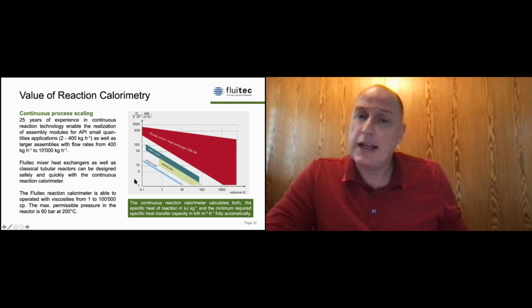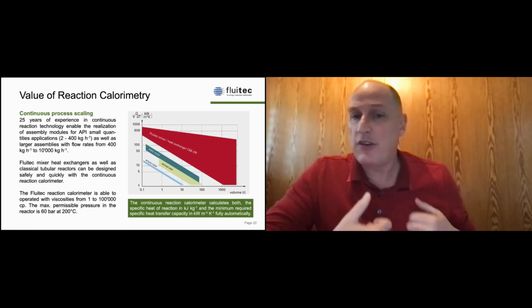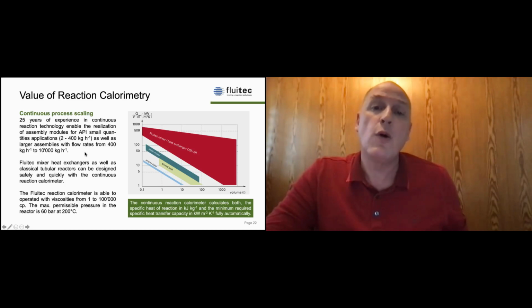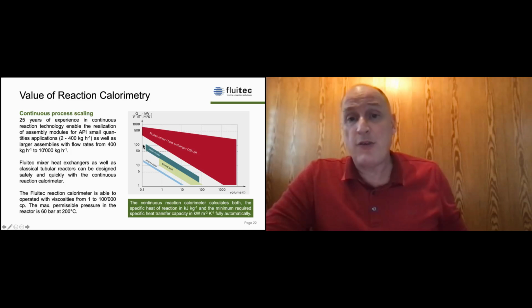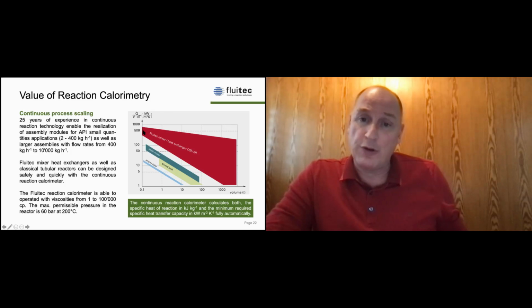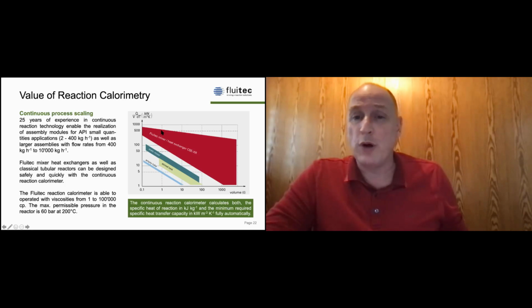So the program, or the results which you get in the screening, just give you information and say, okay, I need a specific heat transfer capacity of, let's say, 500 kilowatt per cubic meter per Kelvin. And that means your continuous reactor can have a volume of 1 liter for 1 meter that can handle that.